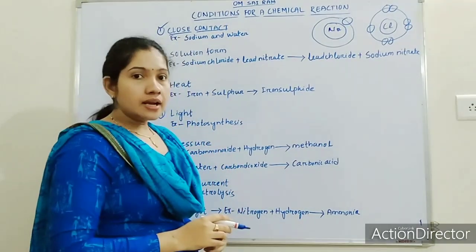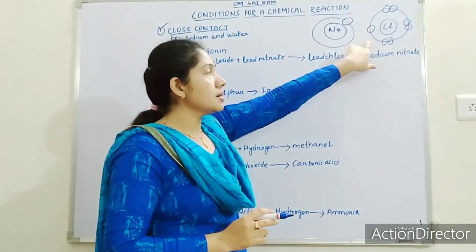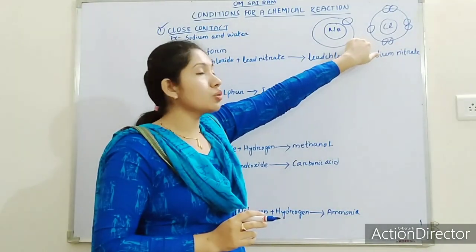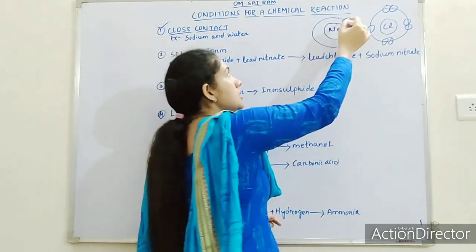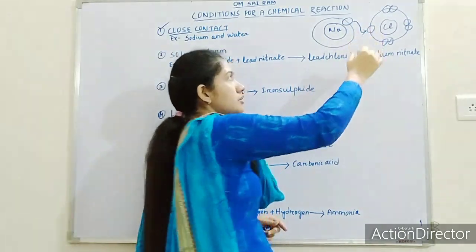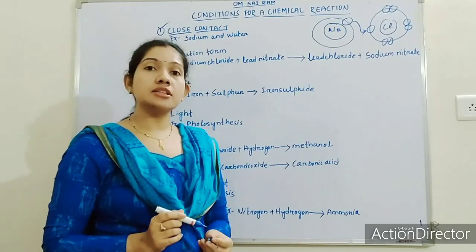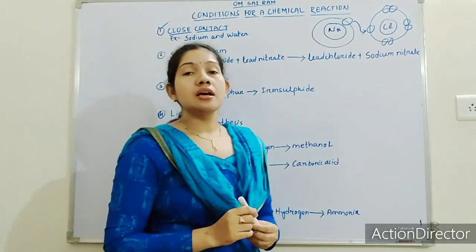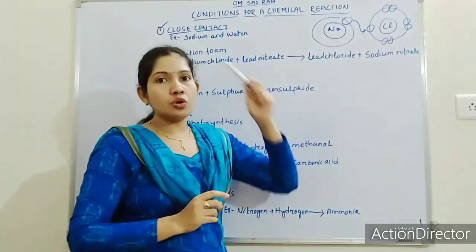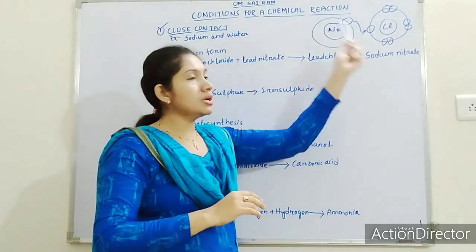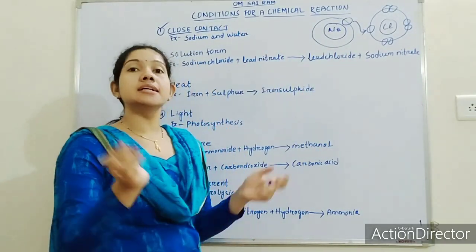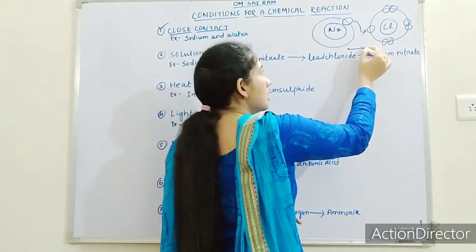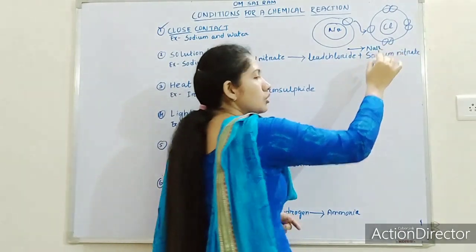When sodium and chlorine are placed close to each other, sodium can donate 1 electron to chlorine to satisfy the octet rule. By donating 1 electron, sodium will be stabilized and chlorine will also be stabilized, and in turn they will form the product sodium chloride.